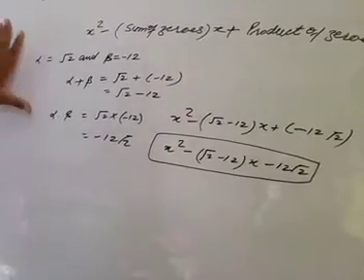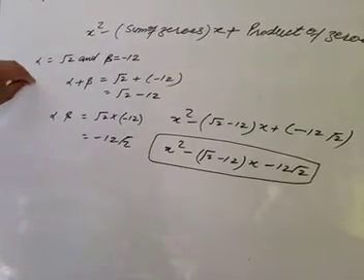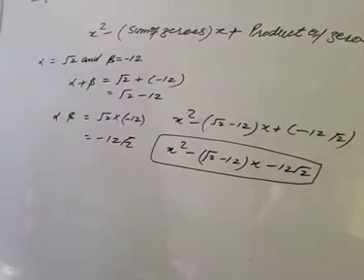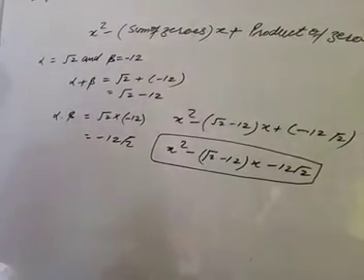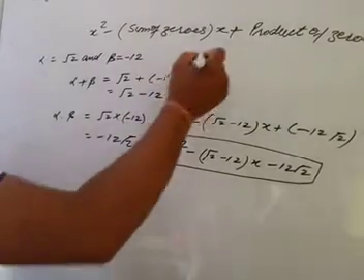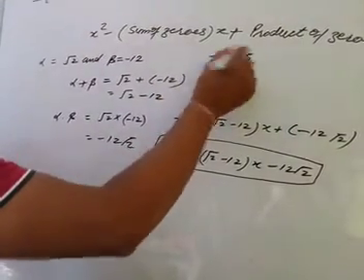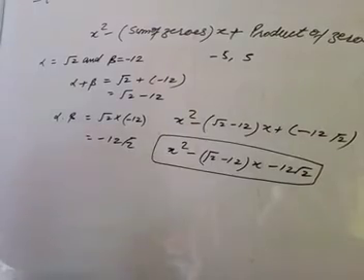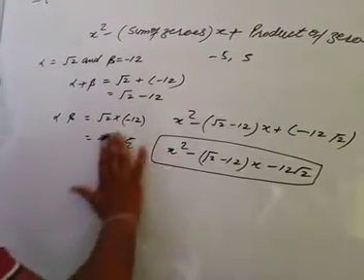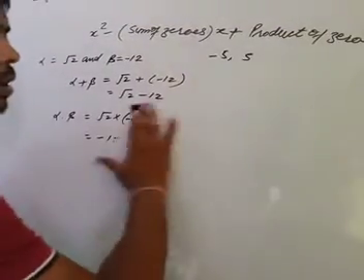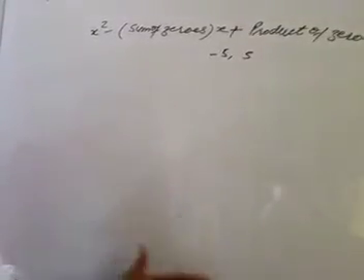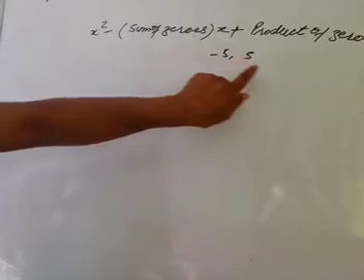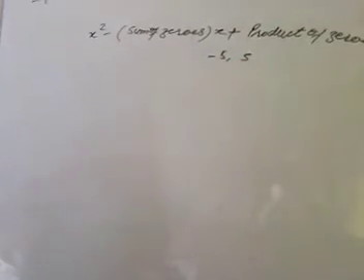If the zeros are given, then firstly we will find the sum and product, then we will replace the values in the given formula. In your assignment, the first question was, if minus 5 and 5 are the two zeros of a polynomial, we have to form the polynomial. Many students make the mistake of taking minus 5 as the sum and 5 as the product. So the answer will be wrong.